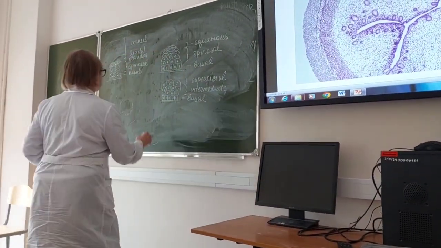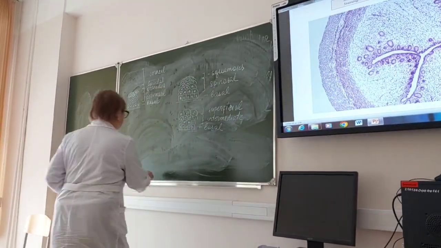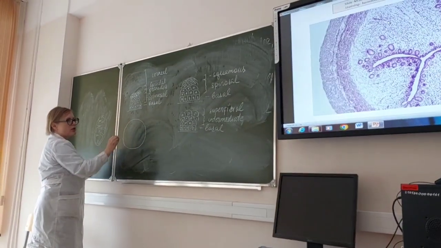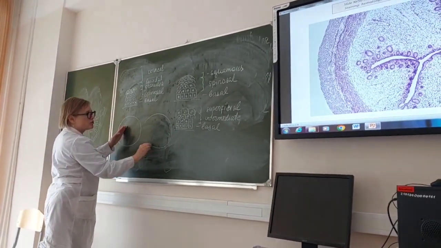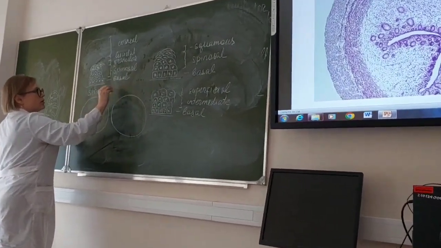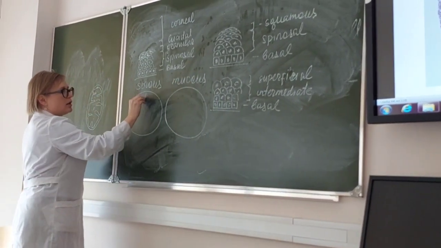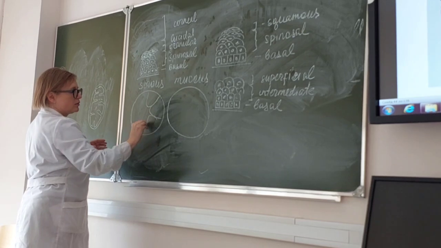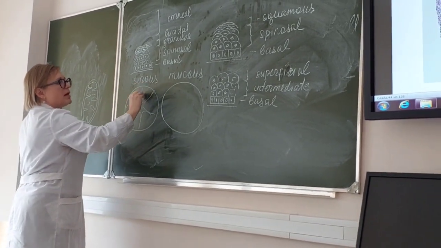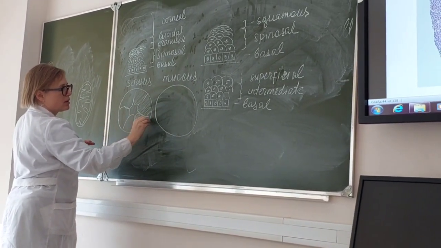So, in task number 47, you should draw mucus secretory portion and serous secretory portion. What is necessary to do? Two cross sections through the secretory portion. For example, this will be serous, this mucus. I draw serous cells. They tend to be more cuboidal. Their cytoplasm is well stained, so they are darker.